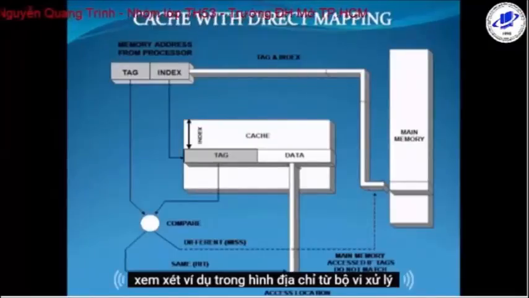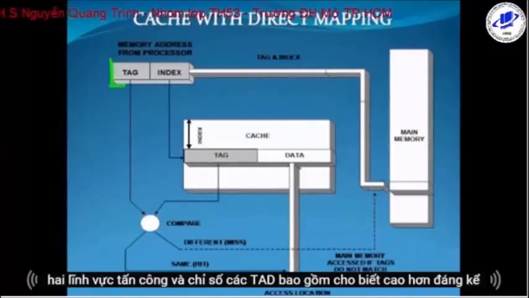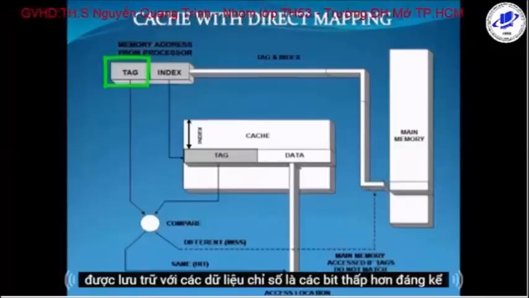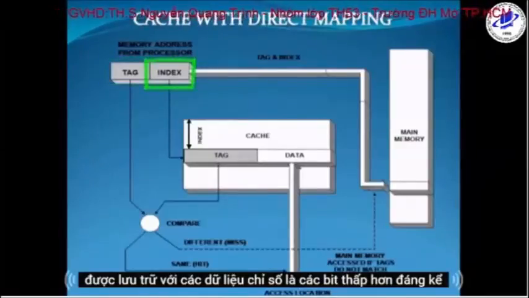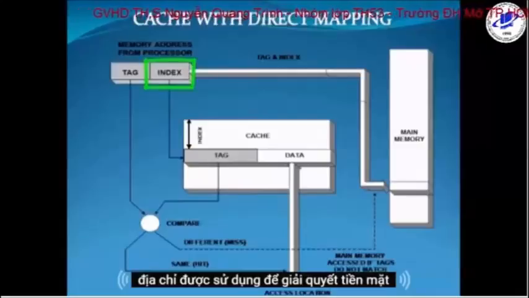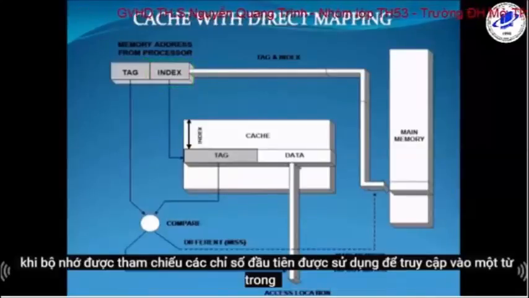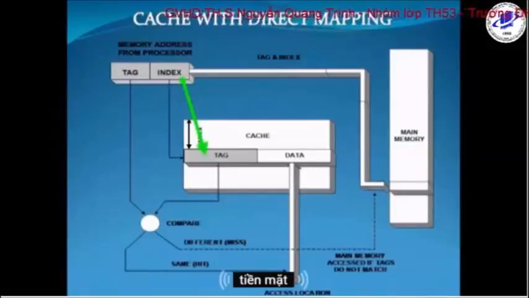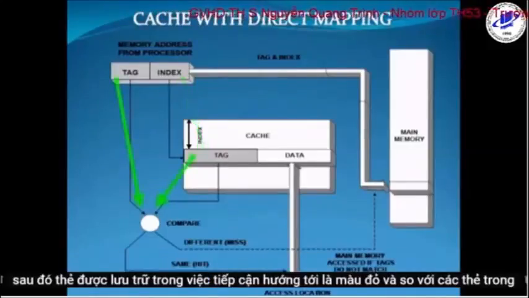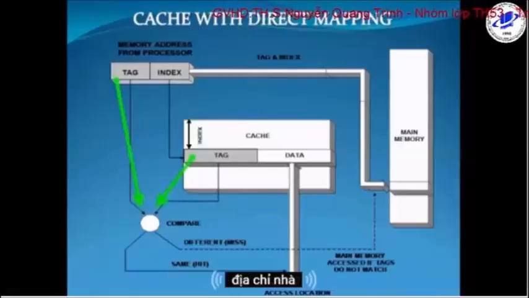The address from the processor is divided into two fields, a tag and an index. The tag consists of the higher significant bits of the address, which are stored with the data. The index is the lower significant bits of the address used to address the cache. When the memory is referenced, the index is first used to access a word in the cache. Then the tag stored in the accessed word is read and compared with the tag in the address.